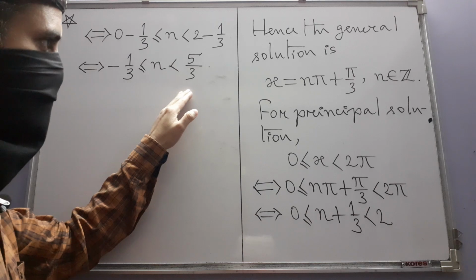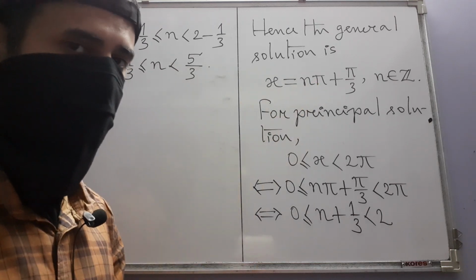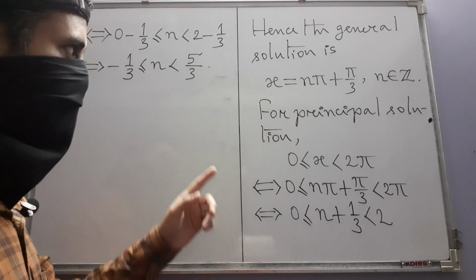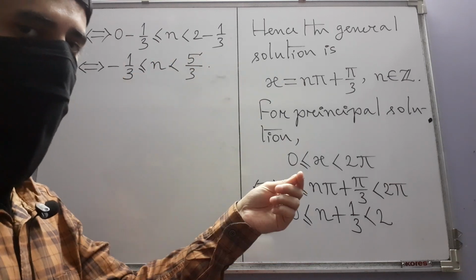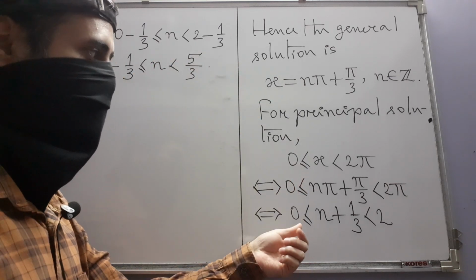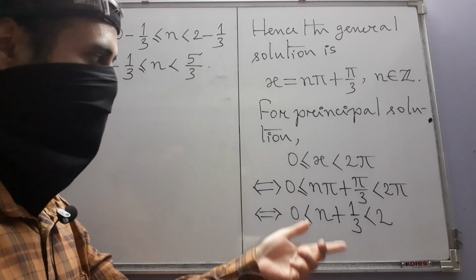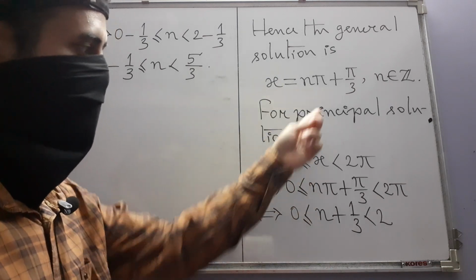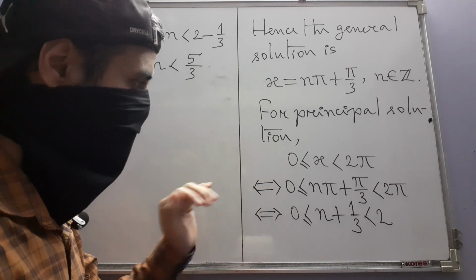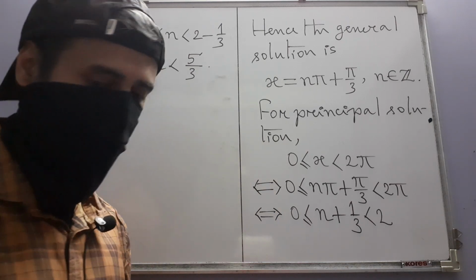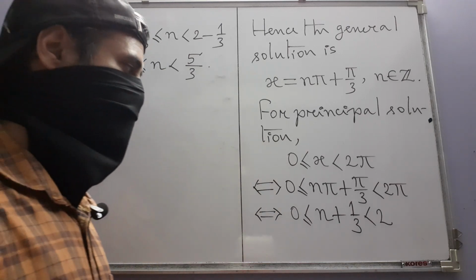Using these inequalities and the fact that n is an integer, I will find n, but then I will also have to go back from those n and see that yes, if n has these values, then the corresponding x's really satisfy these inequalities. That's why I am using double implication. But be careful when you do this now.